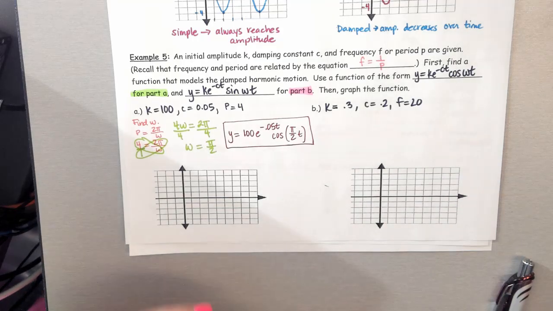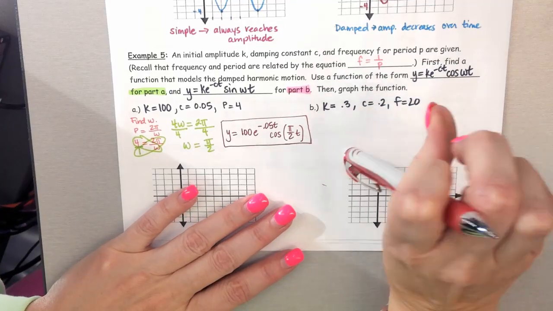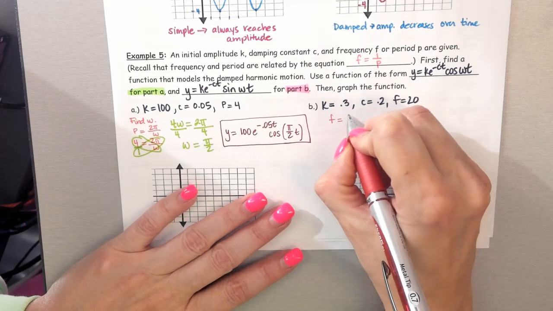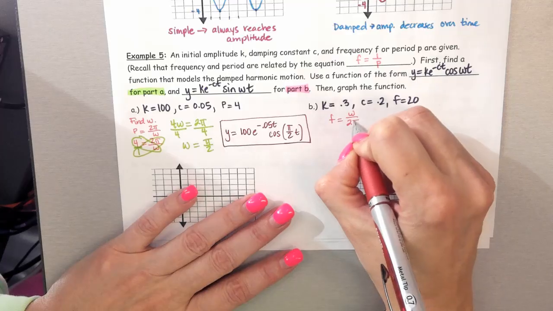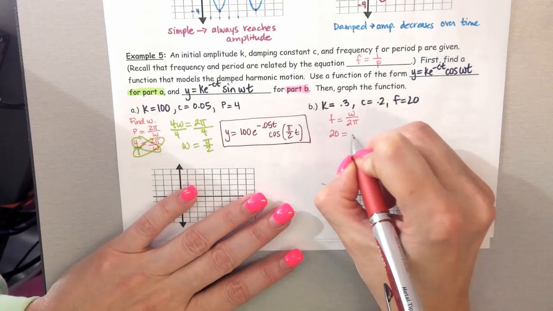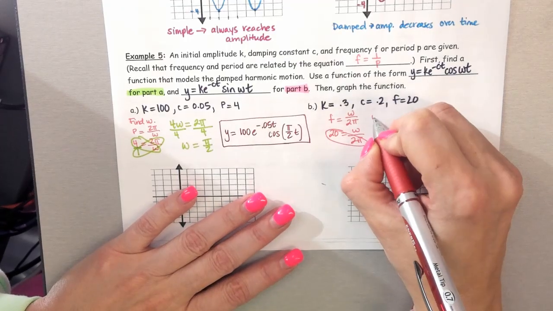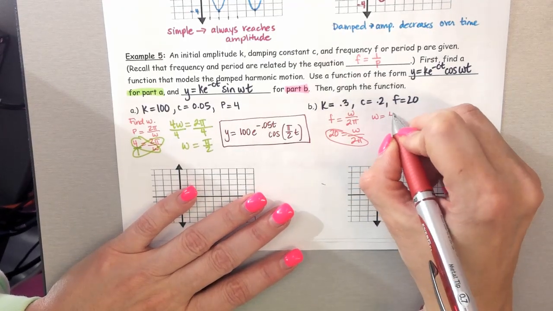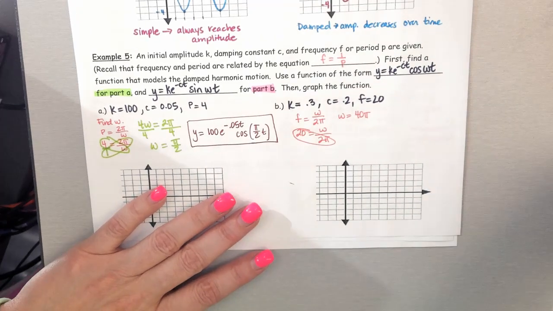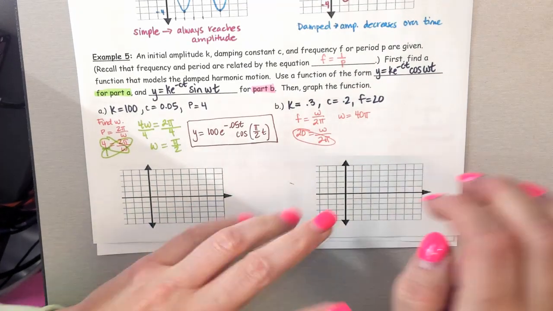When you found omega for this, remember your frequency is just omega over 2 pi. So if you have 20 equals omega over 2 pi, all you have to do is multiply those together. So 2 times 20 would be 40 pi. Now you can plug that into your equation.